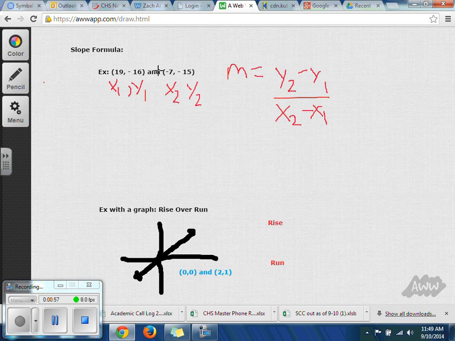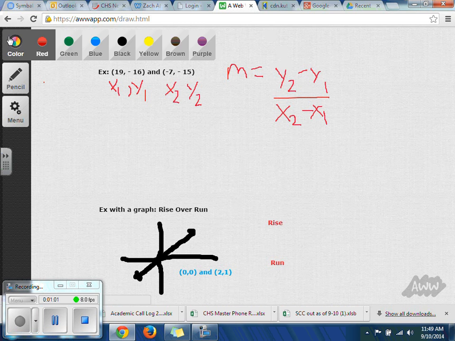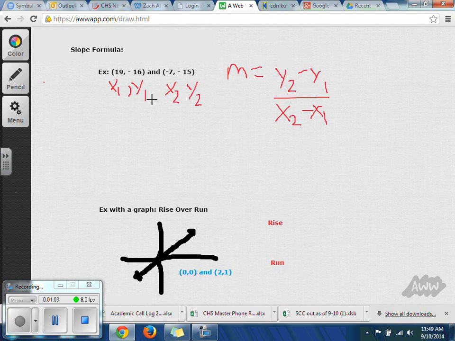So now that they're labeled, we can see where we're going to be plugging them in directly into our equation. To start with, we have y2. y2 is negative 15. The equation says minus. y1 is negative 16.